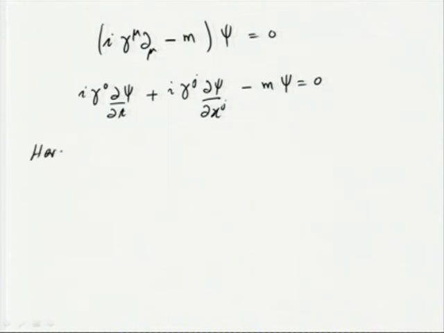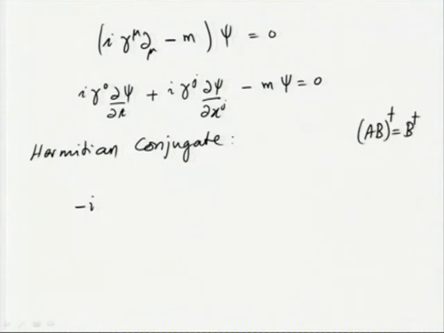Let us take the Hermitian conjugate of the equation. If two matrices are there, AB, the Hermitian conjugate is basically B dagger A dagger: the Hermitian conjugate of B first and then the Hermitian conjugate of A. This is because there is a transpose of the matrix involved apart from the complex conjugation in the Hermitian conjugate.